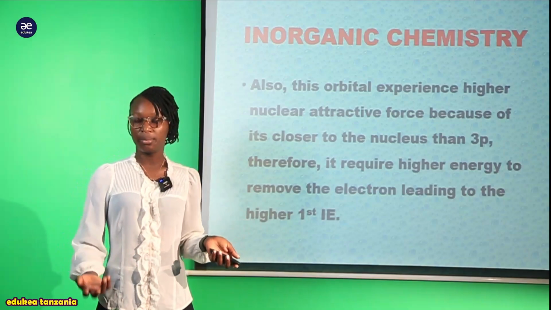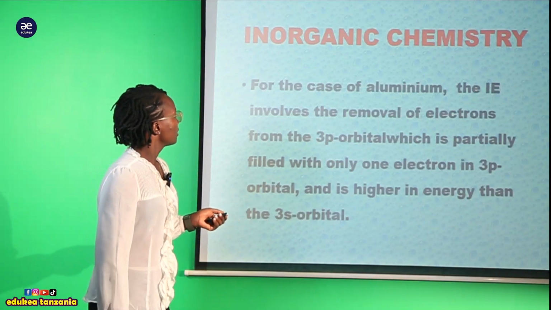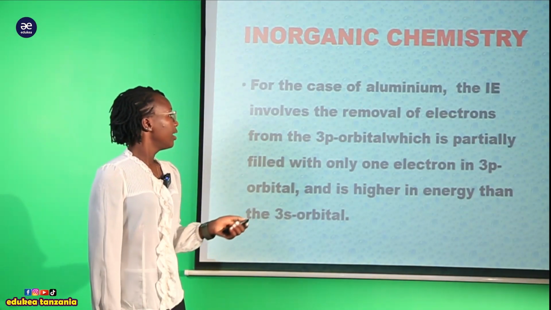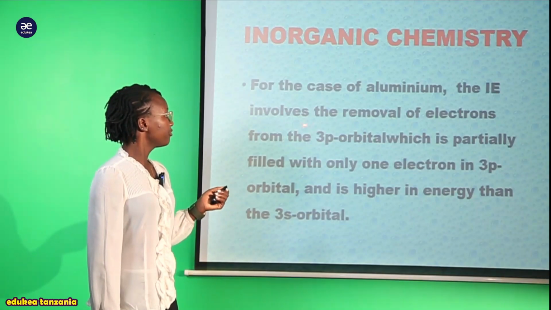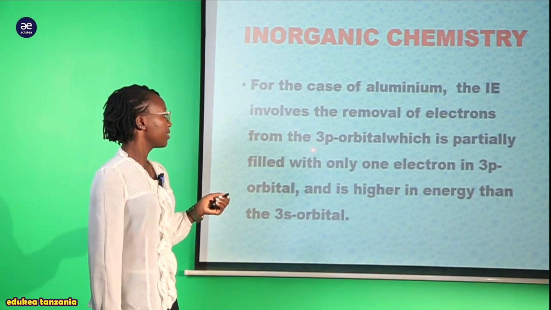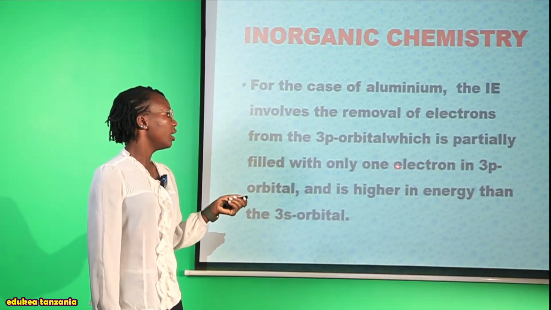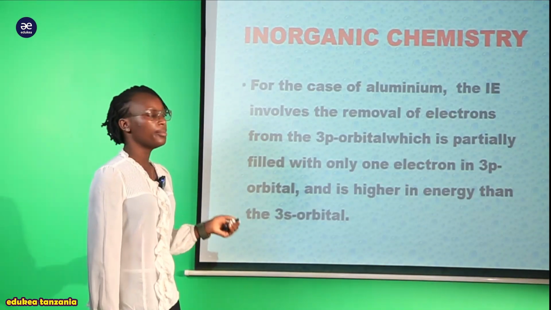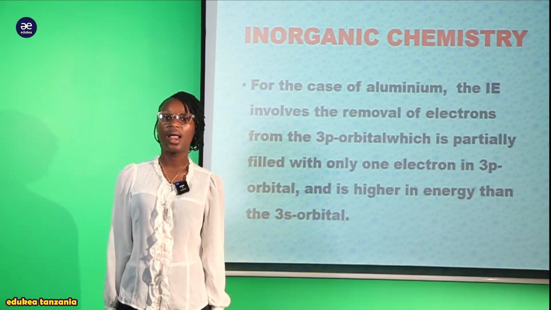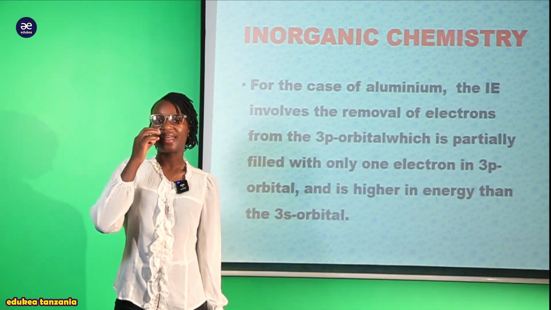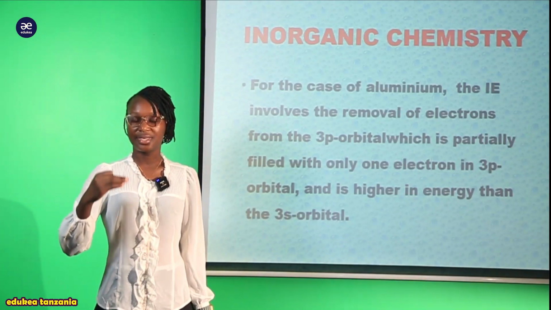Now how about aluminium? So for the case of aluminium, the ionization energy involves the removal of electrons from the 3p orbital, which is partially filled with only one electron in the 3p orbital. Sasa tunapokuja kwa aluminium, kumbuka aluminium ana 3 electrons.